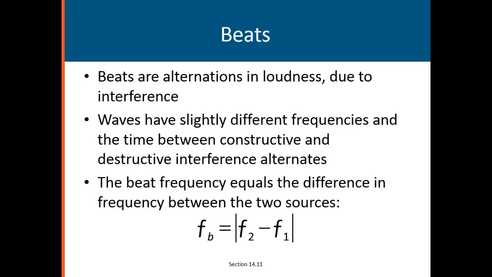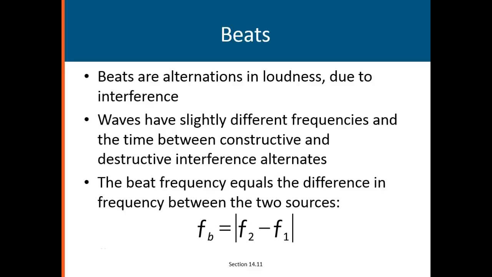Let's get a little background here. Interference phenomena we have been discussing so far have involved superposition of two or more waves with the same frequency traveling in opposite directions. Another type of interference effect results from the superposition of two waves with slightly different frequencies.